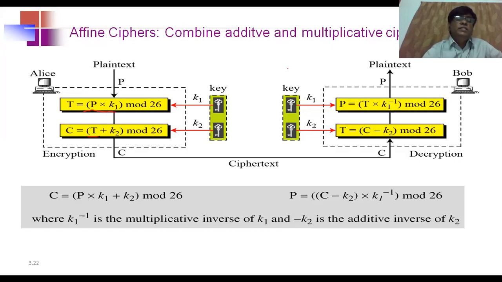Then this t is added with some k2. This is the ciphertext. So to get the ciphertext, we have done two operations. First, the plain text character is multiplied with the k1 key value, and then we get some text. That text is added with another key value. Finally, we got the ciphertext.